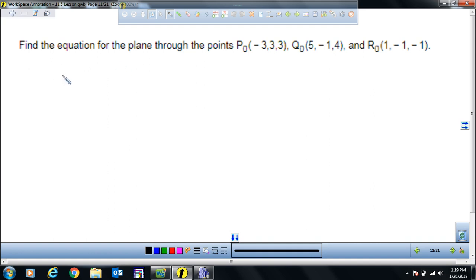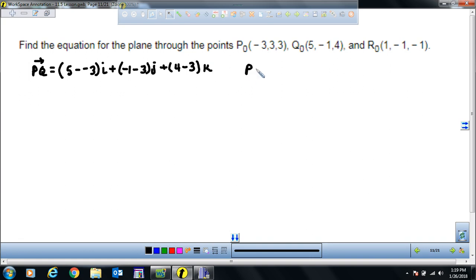Okay, so first thing that we need to do is find the vector PQ. So for PQ, we're going to subtract the components Q minus P. It would be 5 minus negative 3, that's 8i, plus negative 1 minus 3, and then j, and then plus 4 minus 3, and that's going to be my k.